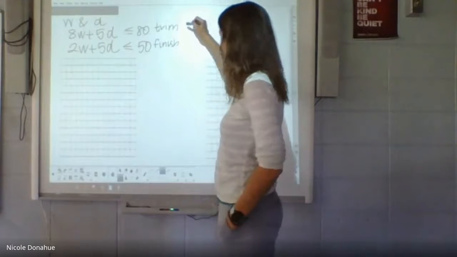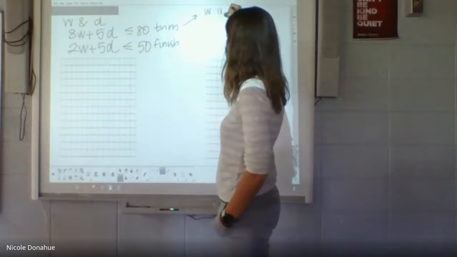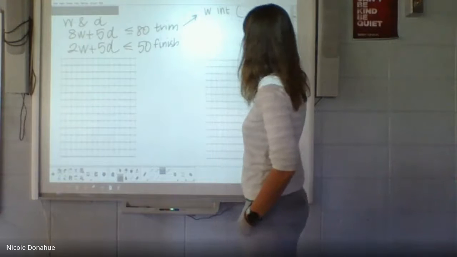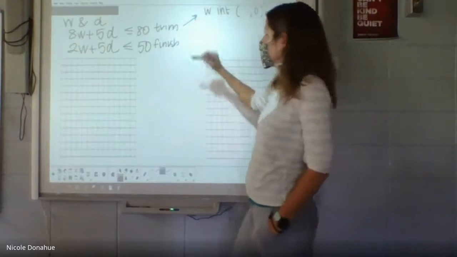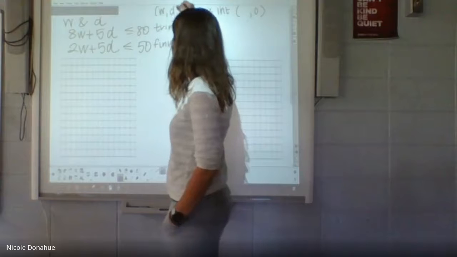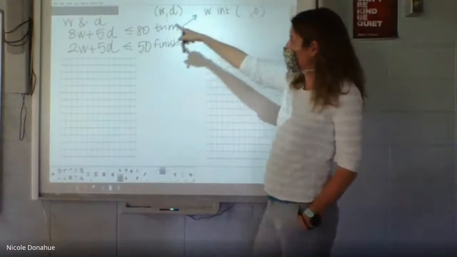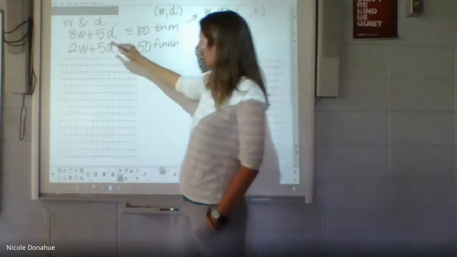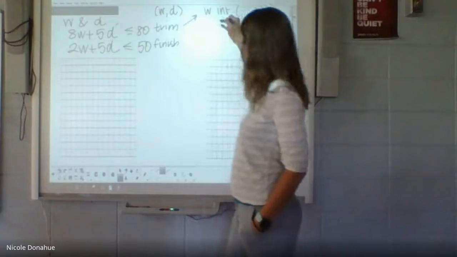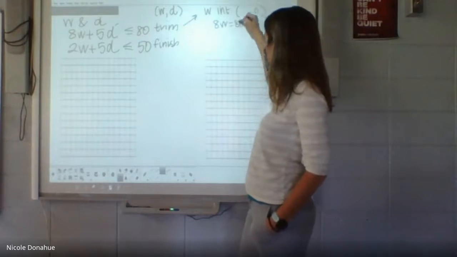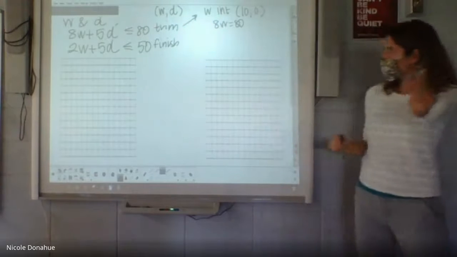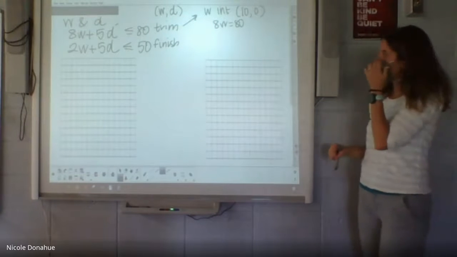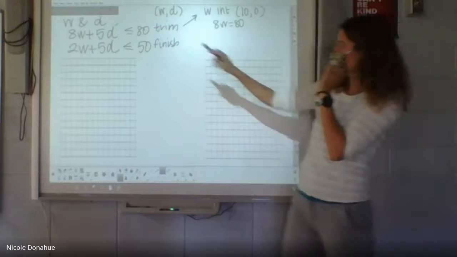If I find the W-intercept, that's where the dingbat is 0. So I'm going to put 0 in for D. That makes this 0, so I get 8W equals 80, so that's going to be 10, 0. Then I can do the same thing for the other half.